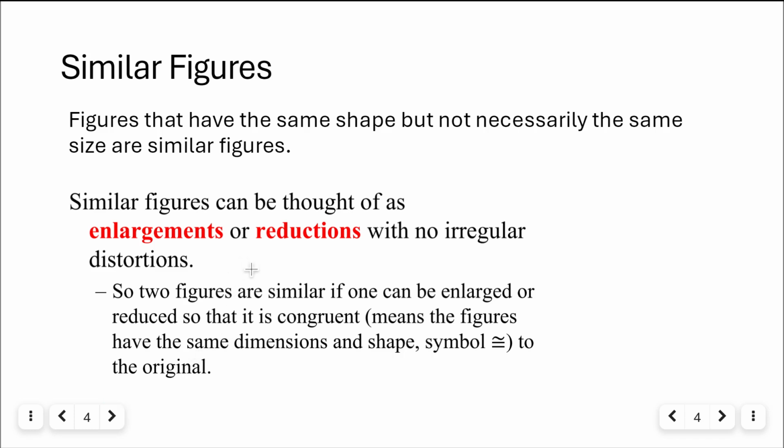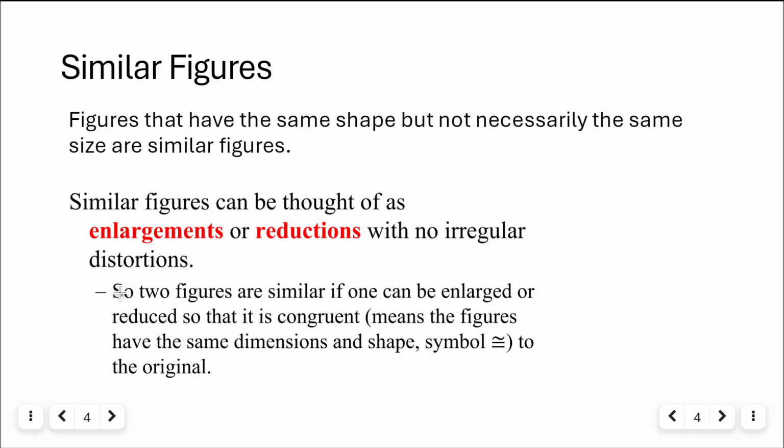So similar figures are figures that have the same shape, but not necessarily the same size. Similar figures are enlargements or reductions with no irregular distortions, which means that you basically take the one shape and either blow it up, make it bigger, or make it smaller. But you can't change anything else about it.